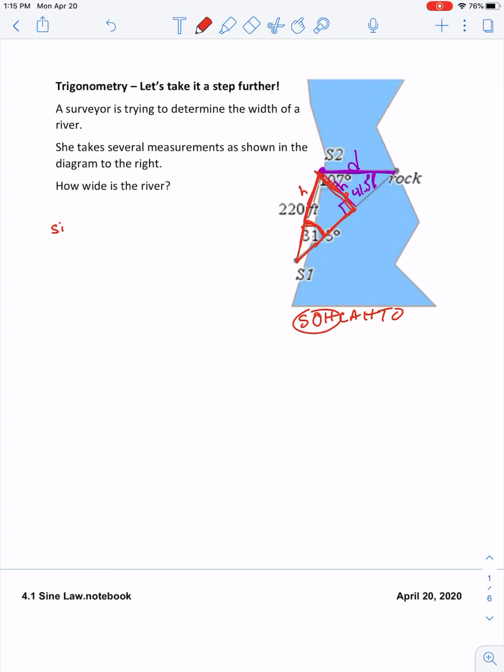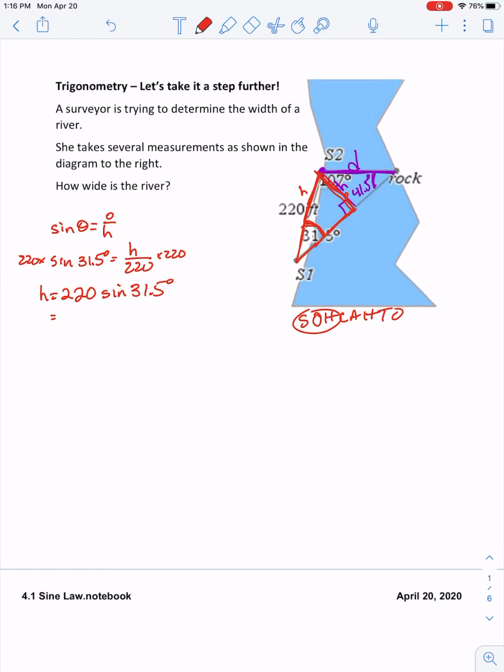So sine of the angle theta equals opposite over hypotenuse. So sine of 31.5 degrees equals the opposite, which is h, for height of the triangle, over the hypotenuse, which is 220. Multiplying both sides by 220, we get that h equals 220 sine of 31.5 degrees.